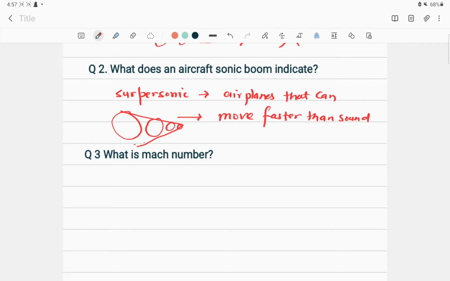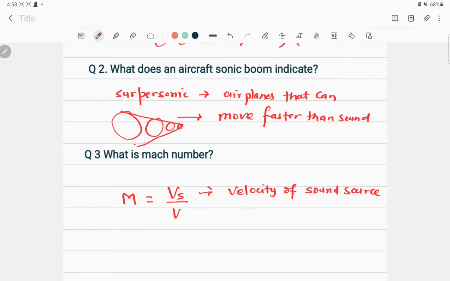The Mach number is simply the ratio of the speed of the sound source to the speed of sound itself. That means the Mach number is denoted by capital M and given by the ratio of Vs by V. What is Vs? Vs is velocity of the sound source, right?